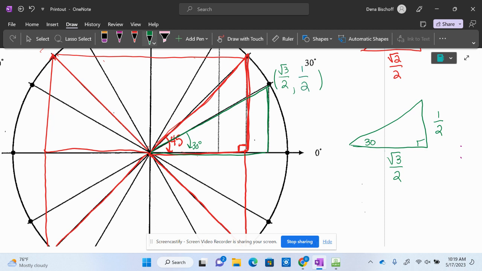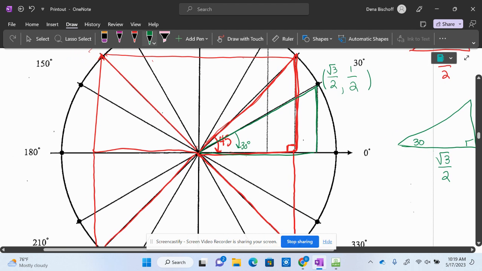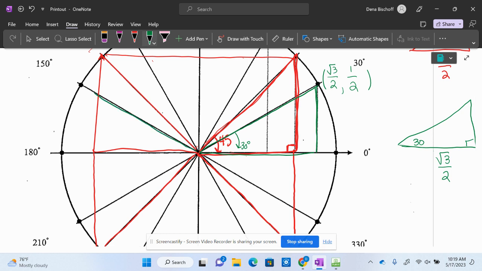Now again, we're going to do the same thing that we did with the other angles, the 45s, and we're going to identify all of the 30-degree angles, or all the angles that have a 30-degree reference angle, right? Because this is 30 degrees, and this one is a 30 degree, and this one is a 30 degree.